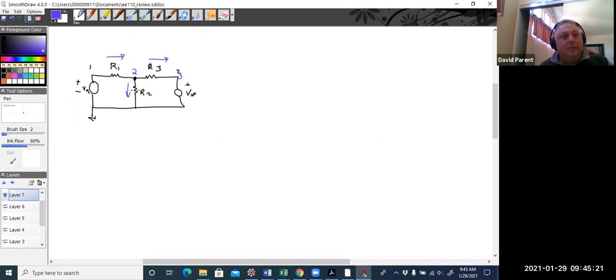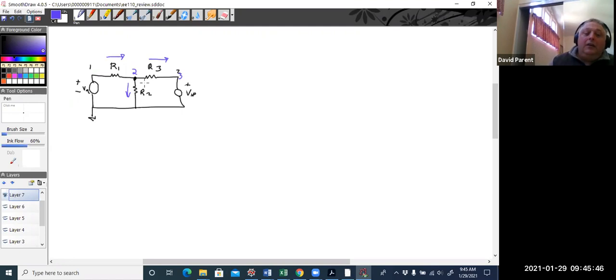And that is a true statement. But following the rules can be difficult, or it can be easy to make a mistake. So it really does help if you assign these currents in a direction that makes physical sense to you.